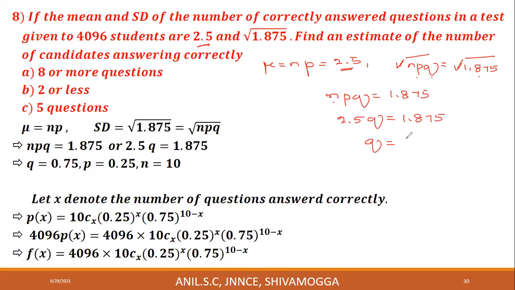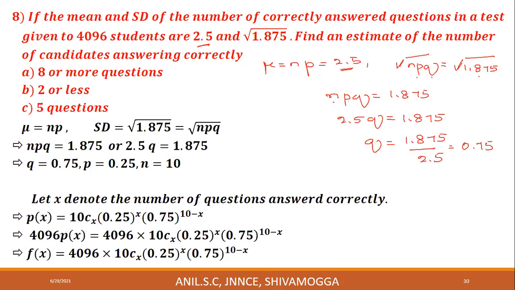Therefore, Q is equal to 1.875 divided by 2.5. Calculate this. 0.75. That's right.